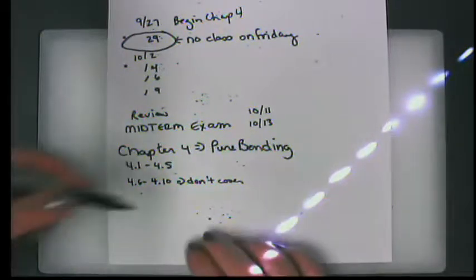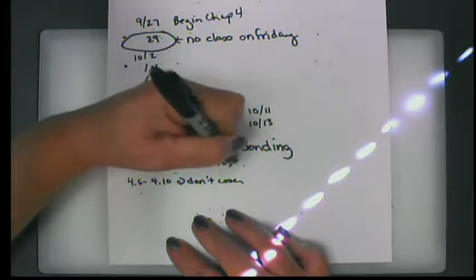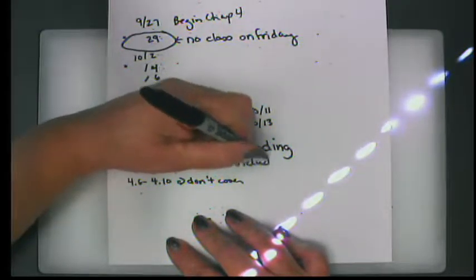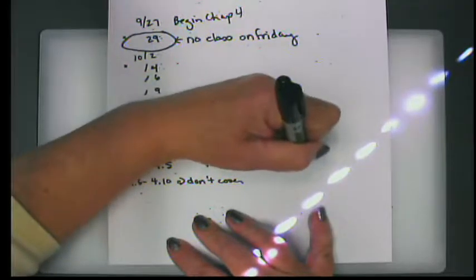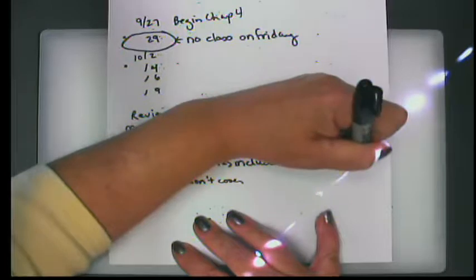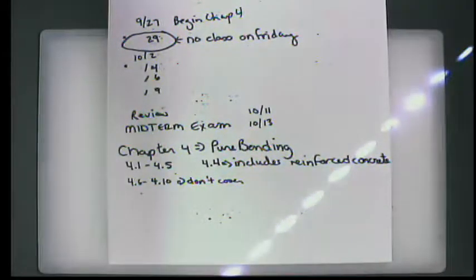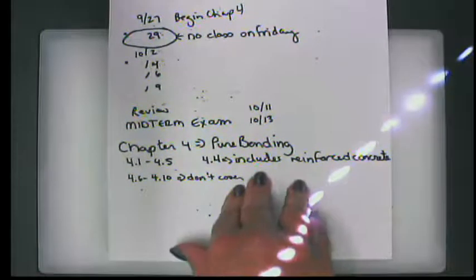It's a very important application of this idea, and the most important application that we cover is how to analyze reinforced concrete. So by the time we get there, you'll have a lot of background knowledge that we'll be able to discuss and bring into the conversation.